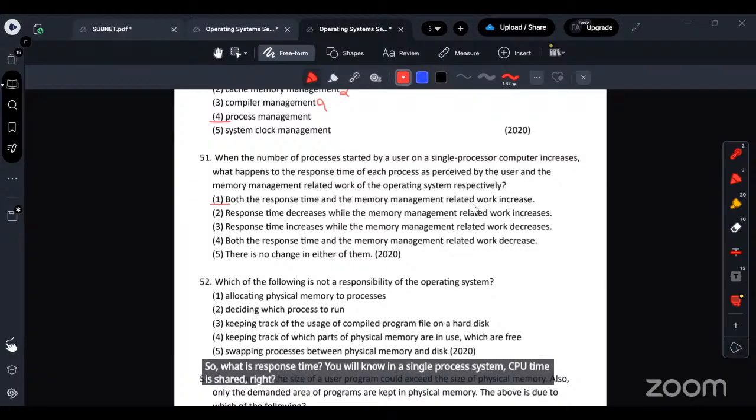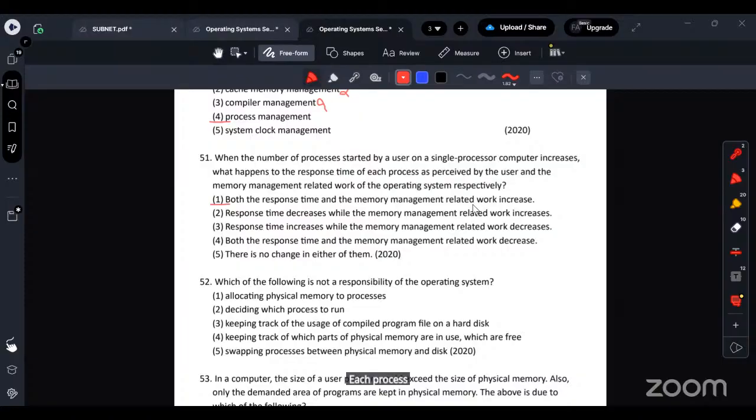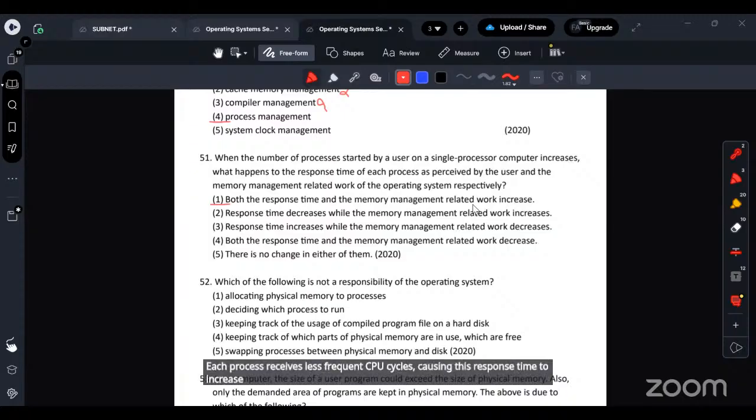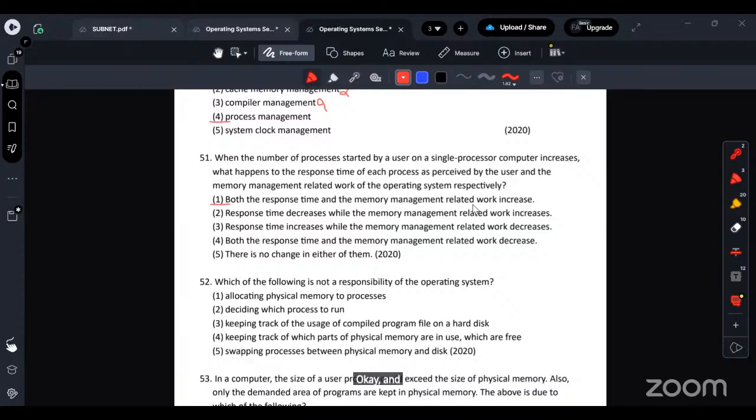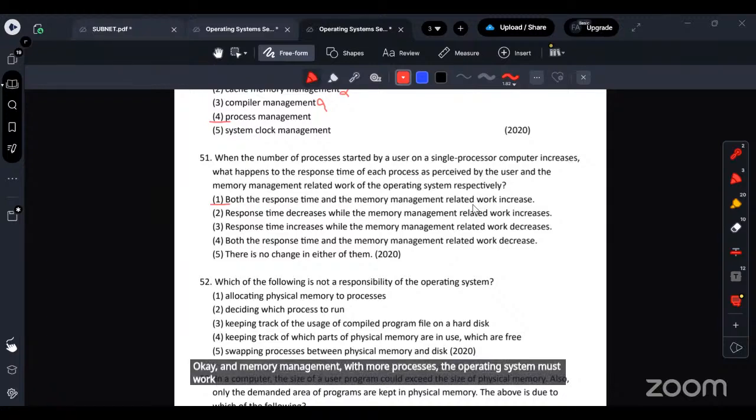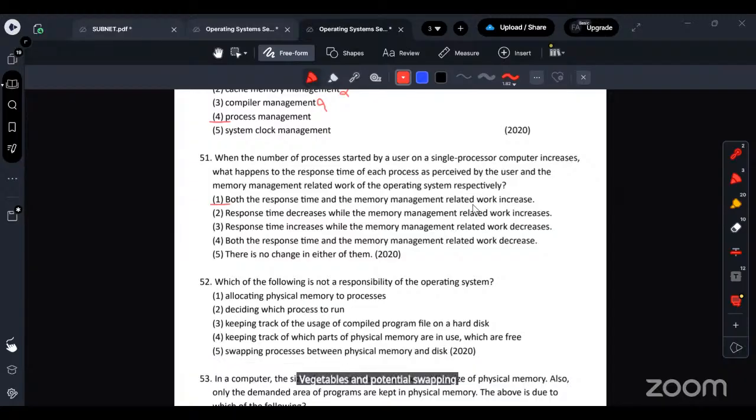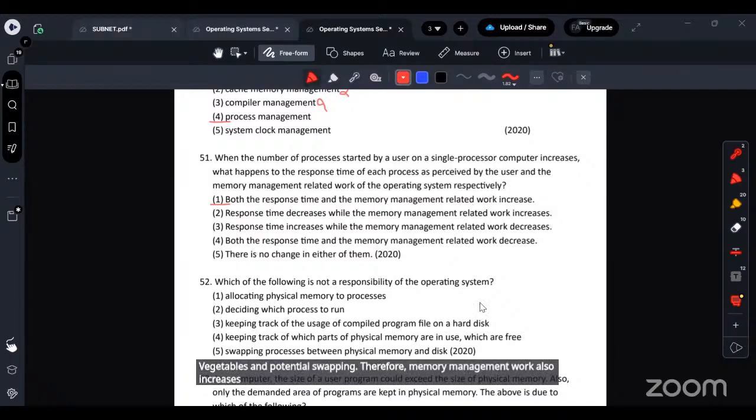As the number of processes increases, each process receives less frequent CPU cycles, causing the response time to increase. Okay, and memory management. With more processes, the operating system must work harder to manage address spaces, page tables, and potential swapping. Therefore, memory management work also increases. So both increase. I hope that was clear.